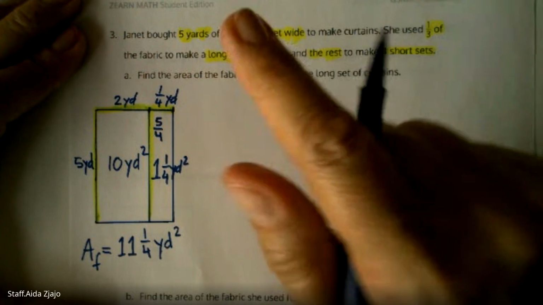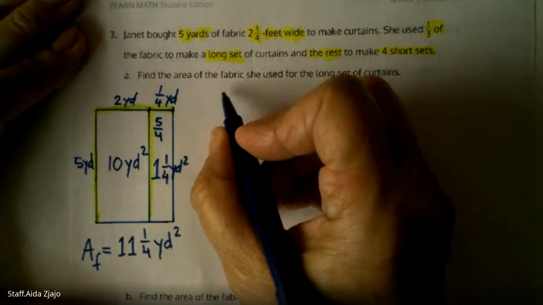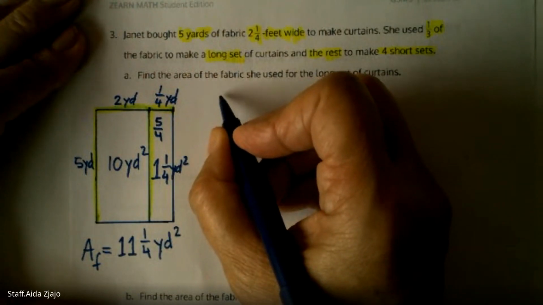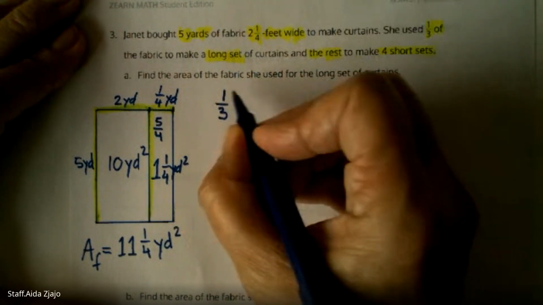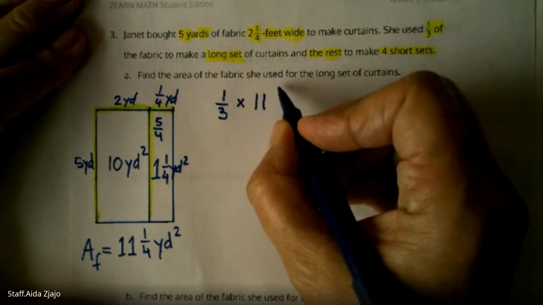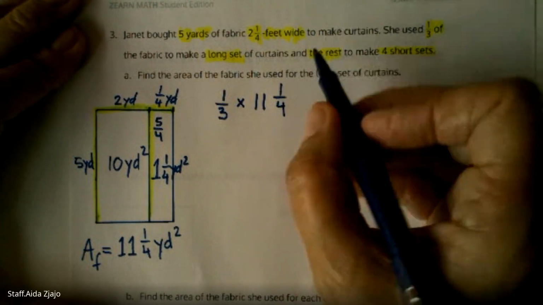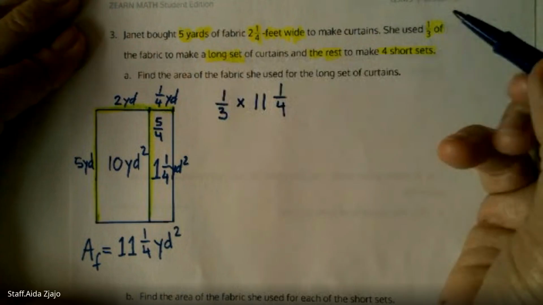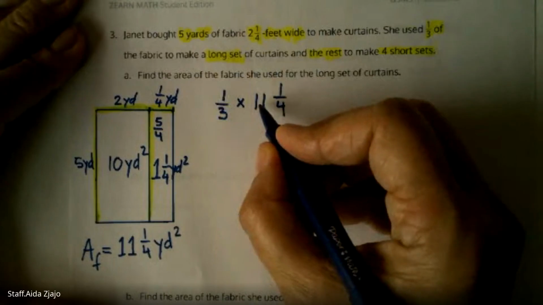curtains. So what that means is, if this is the total, 1/3 of 11 and 1/4 will be the long set of curtains. So what is 1/3 of 11?